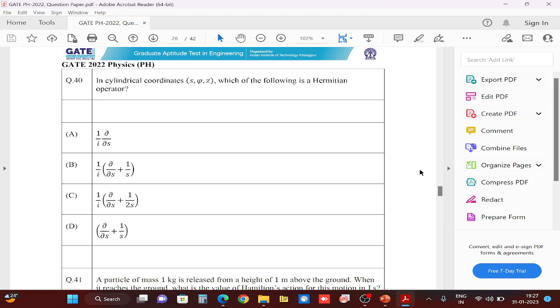So see the question: in cylindrical coordinates, which is the Hermitian operator? Okay, fine. So what's the definition of a Hermitian operator? Can anyone say? It's conjugate, meaning its adjoint should be equal. Yes. So how will you apply that concept here?